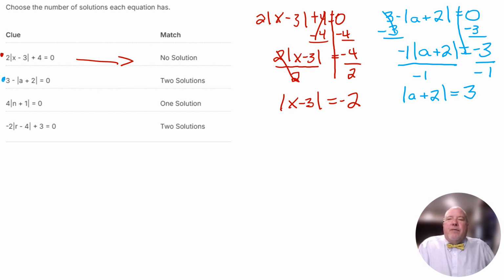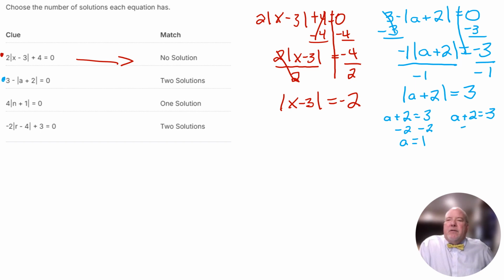To solve this, you split it into a plus 2 equals 3 and a plus 2 equals negative 3, because the absolute value could be 3 or negative 3 and still come out positive. Then you just solve these. Minus 2, minus 2, and you get a equals 1.